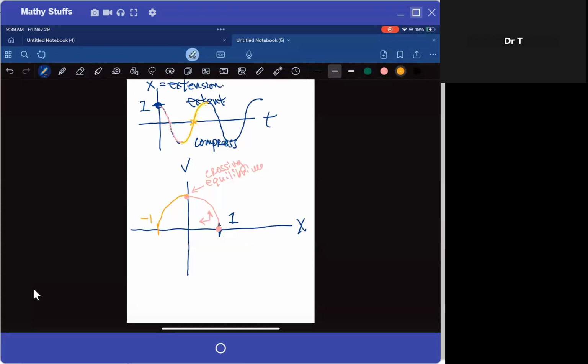Now this again was max extension. This is max compression. Hold on, I think I said that backwards.